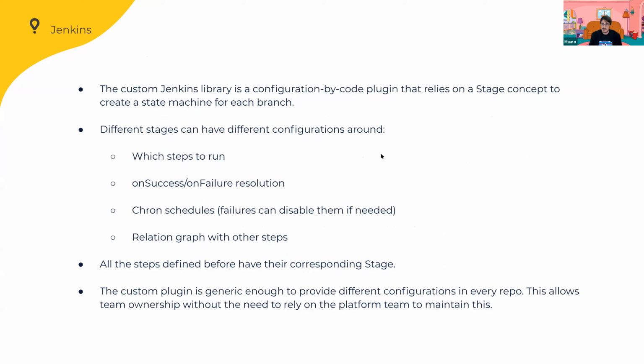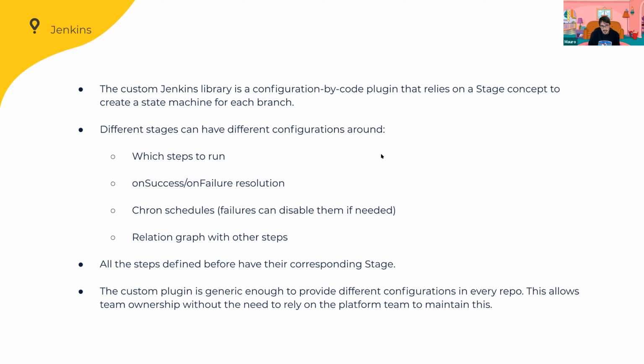We can have configurations on which steps to run, what to do in a successful and a failure resolution of this stage run. We can have cron jobs scheduled for that. And we also can define a relation graph with other steps or stages. So we can say, once this stage is finished, we can declare a machine state. So we move to that state, and we have these other stages now that can be run.